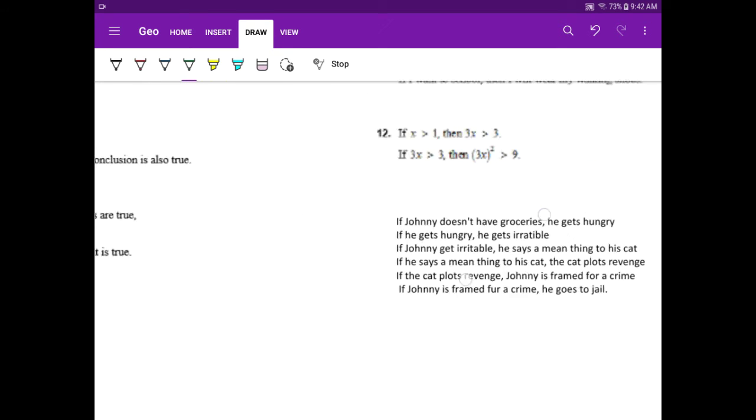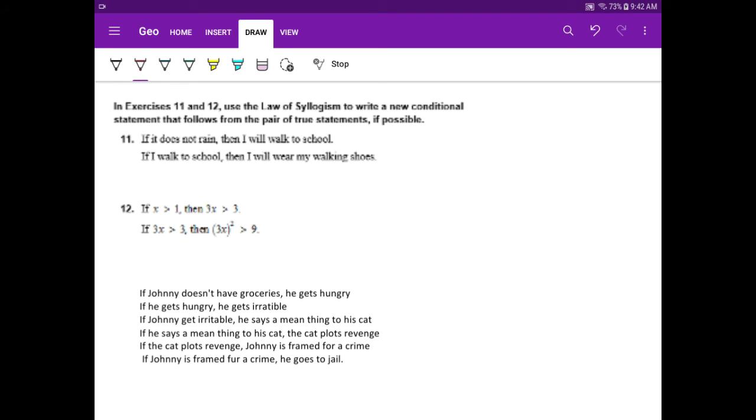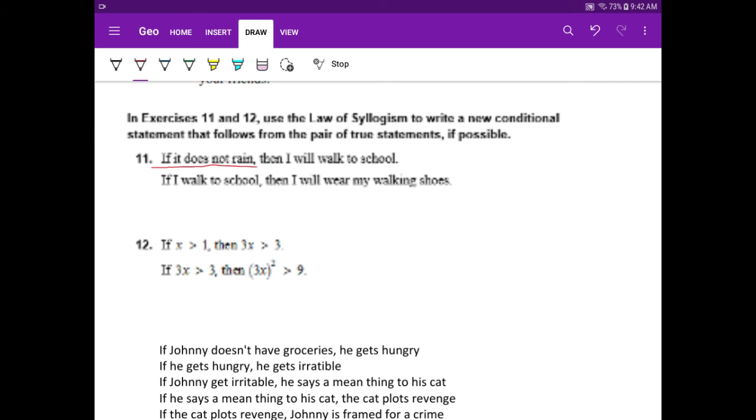So what does that look like when you're actually doing it? Here we go. So if it does not rain, then I will walk to school. Here's another one about walking to school. If I walk to school, then I will wear my walking shoes.